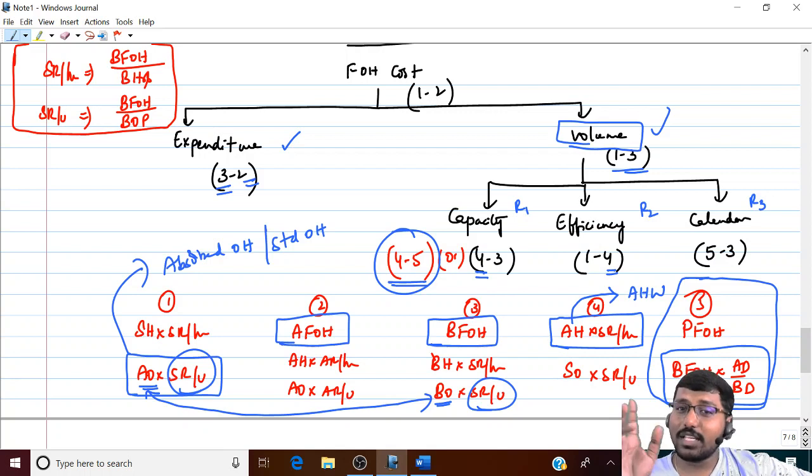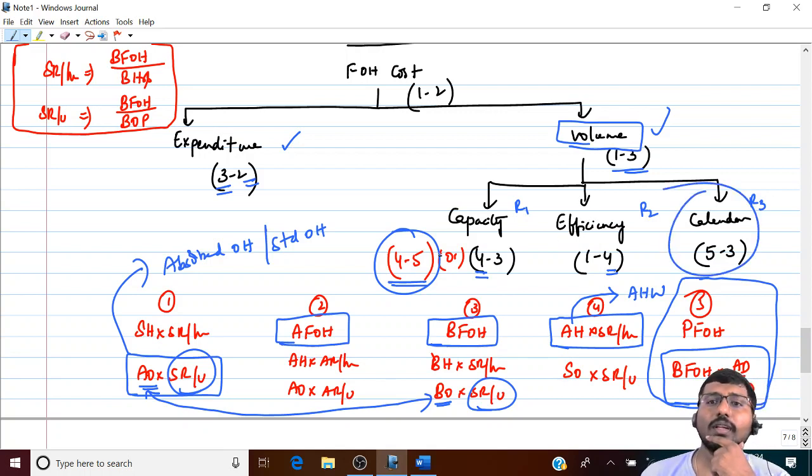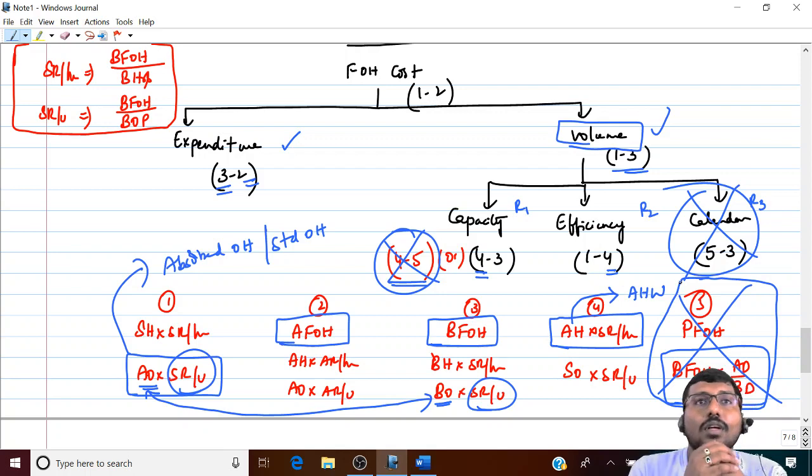If calendar variance is there, all these things will come, and the formula for capacity variance will be 4 minus 5. When there is no information with respect to calendar, that is, actual days and budgeted days are not given, it means your calendar variance will not come, which means 5 minus 3 will not come, and here the formula will be 4 minus 3 only. 4 minus 5 won't be there, and this also won't be there. Got the point?